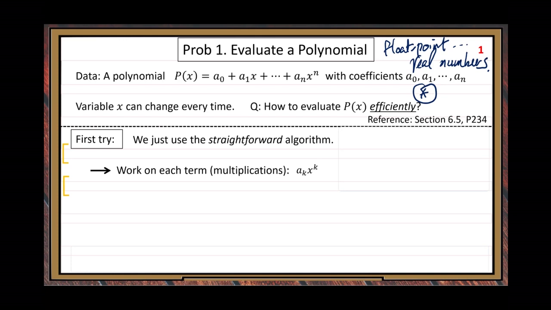When we calculate the value of this term, we only need to do multiplications. So now we need to count the number of multiplications to find the value of this term.